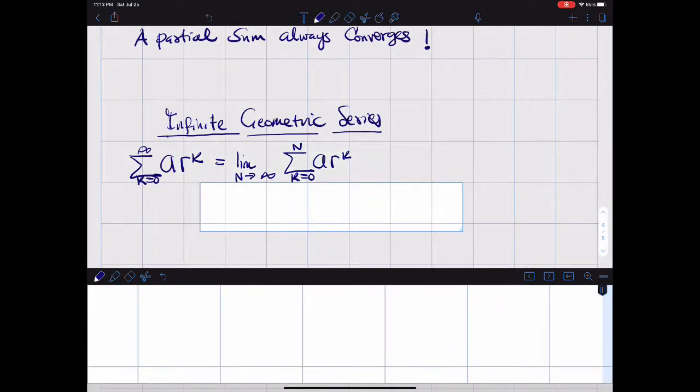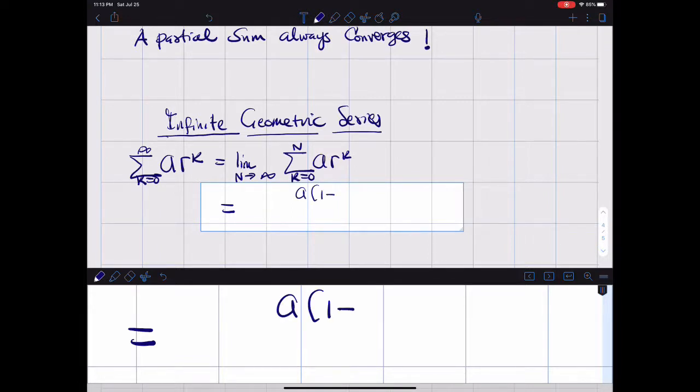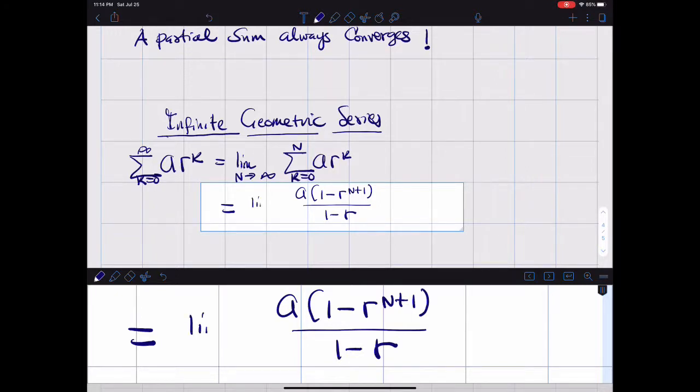Now, we know the formula for a geometric sum. The formula is a times 1 minus r to the power of n plus 1, over 1 minus r. So we're just taking the limit as n goes to infinity.